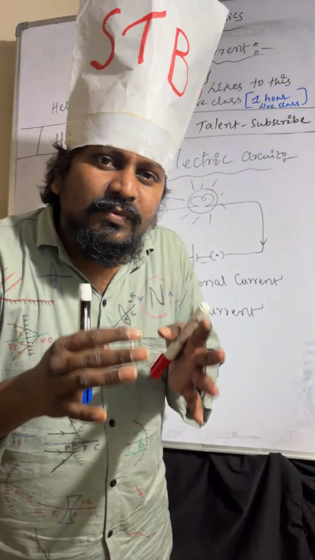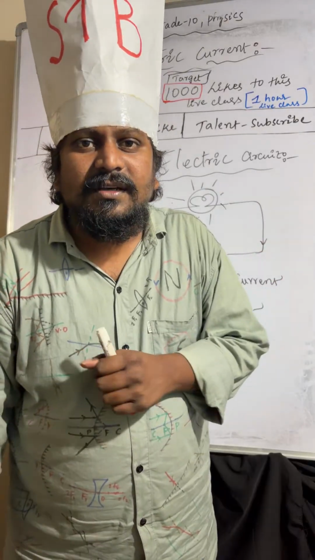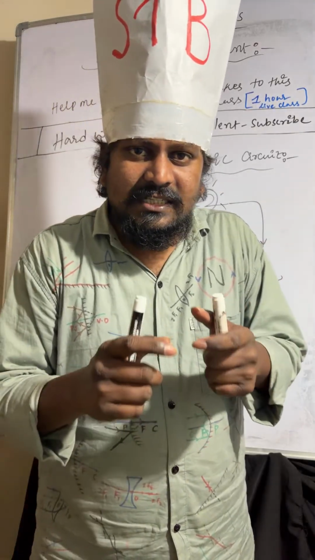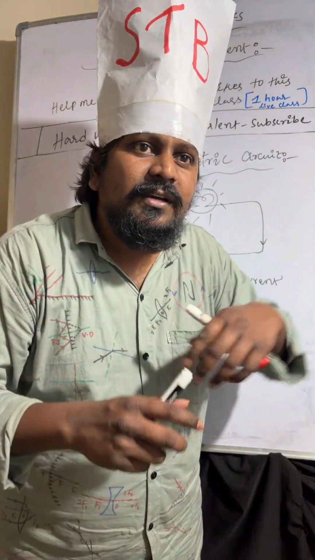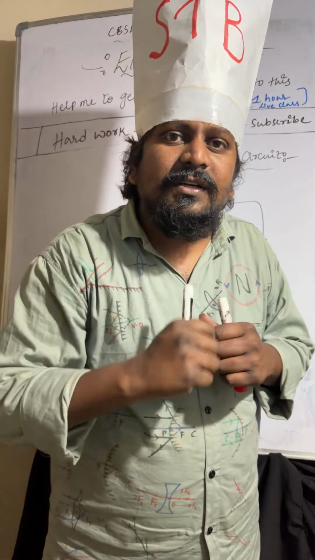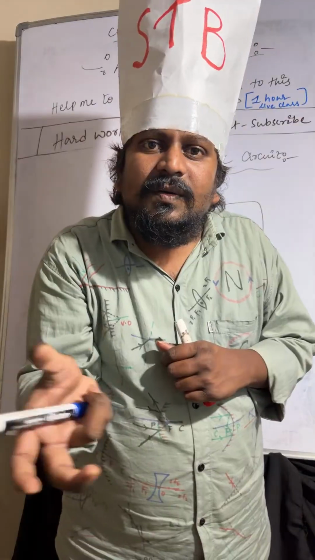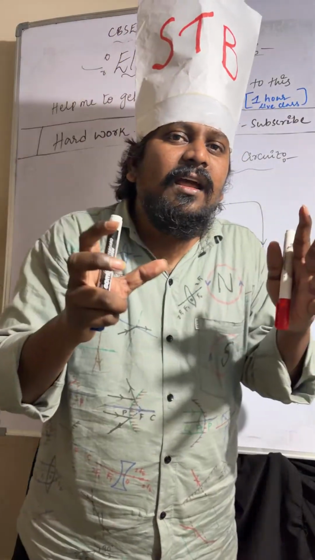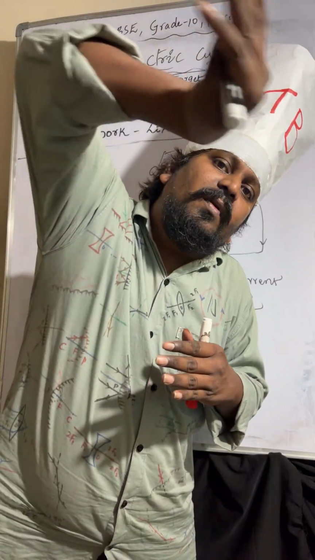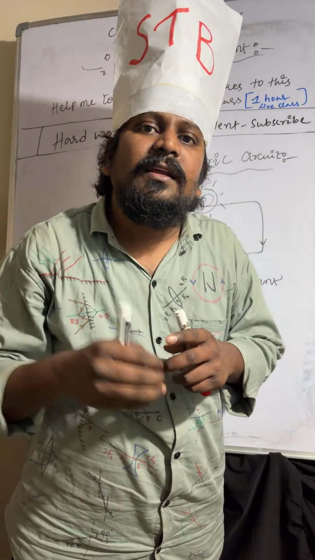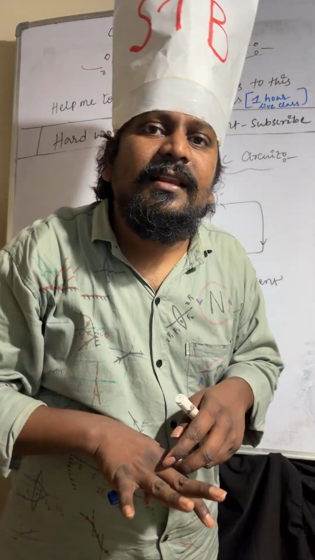Positive charges are moving from the positive terminal to the negative terminal, whereas electrons are moving from the negative terminal to the positive terminal.